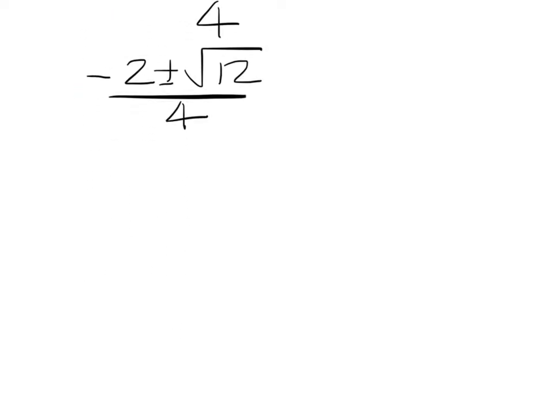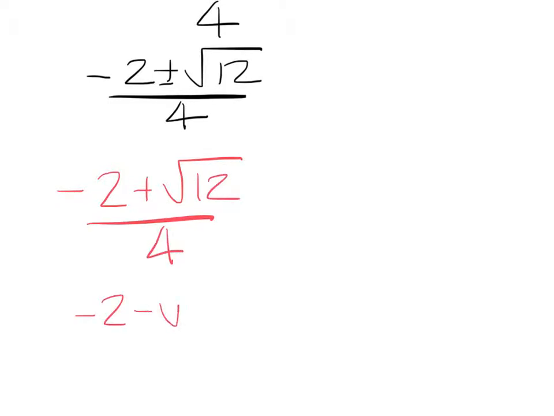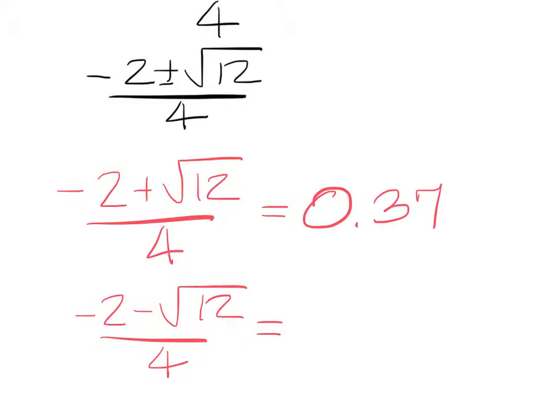And you have to do this problem twice, once with a plus sign here, and then once with a negative sign here, or a minus sign. On the first one, you would have to do -2 plus the square root of 12 and then hit enter. Then divide by 4. Round to 2 places to get 0.37.